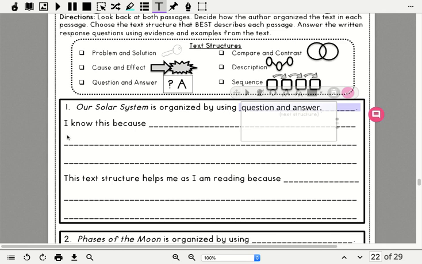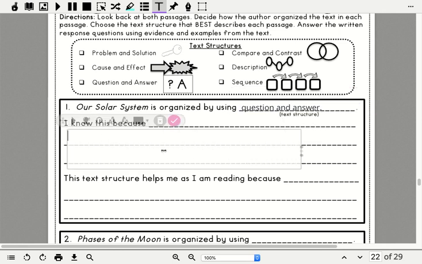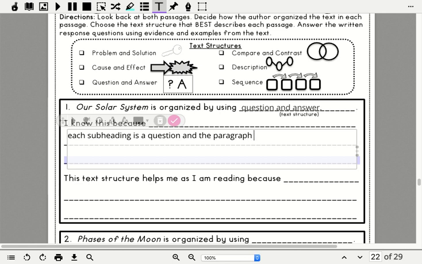I know this because each subheading is a question, and the paragraph after the subheading answers the question.